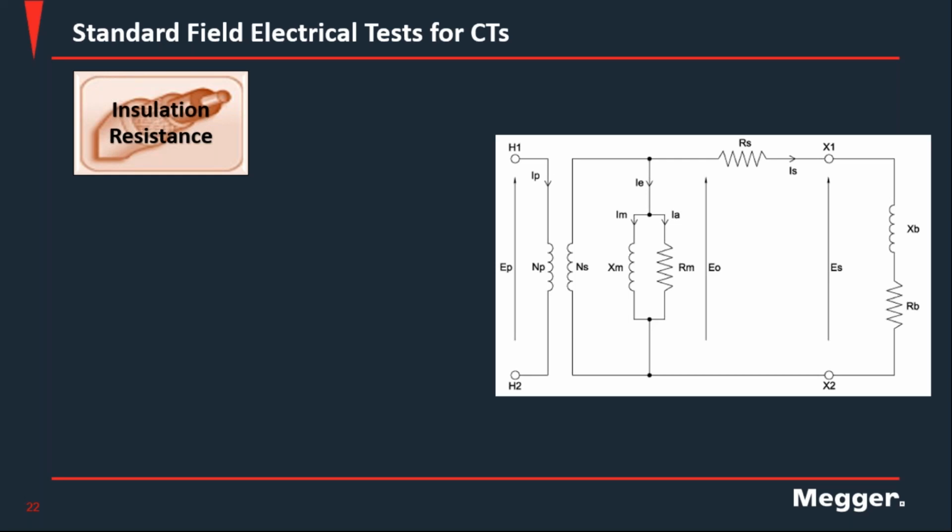You would need to check insulation as you would do in any regular electrical equipment connected on the network, and there is no secondary winding resistance test because there is no winding on the secondary, right? So for a Rogowski, you would be checking ratio, polarity, and phase deviation.